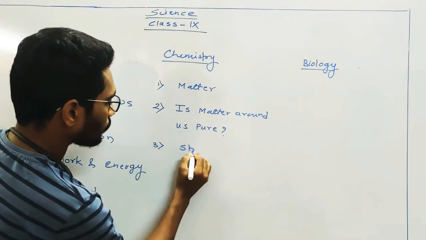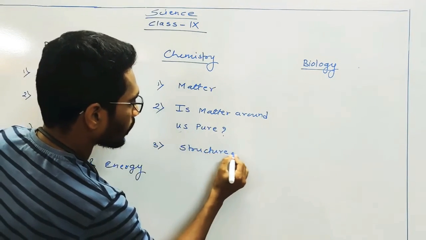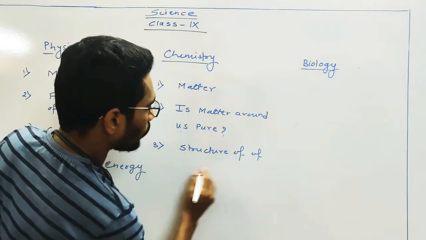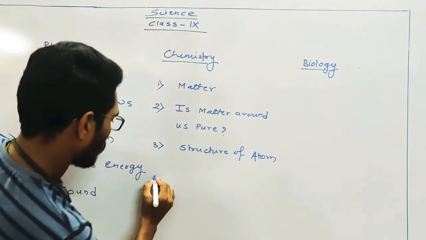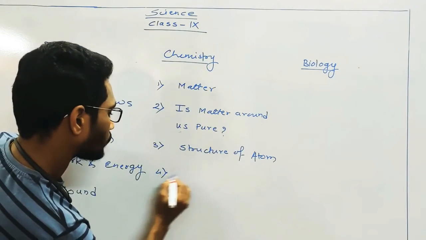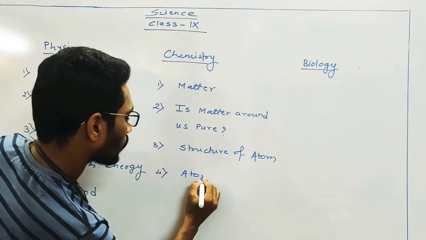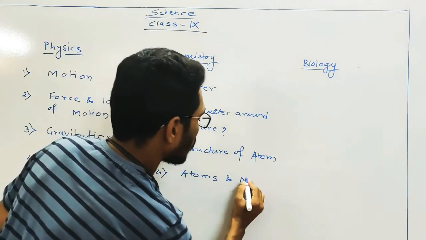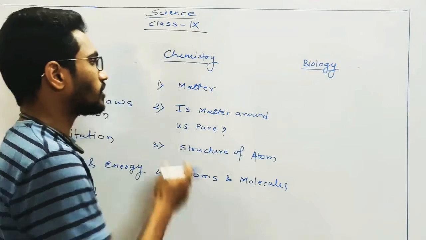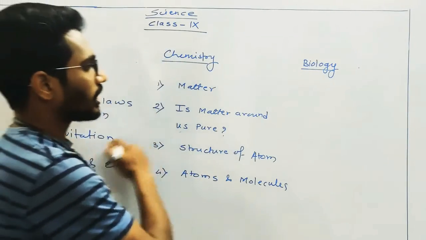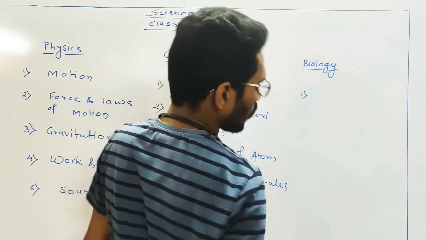Number 3, structure of atom. And number 4, atoms and molecules. These are the chapters from physics and chemistry, and the remaining chapters are from biology.